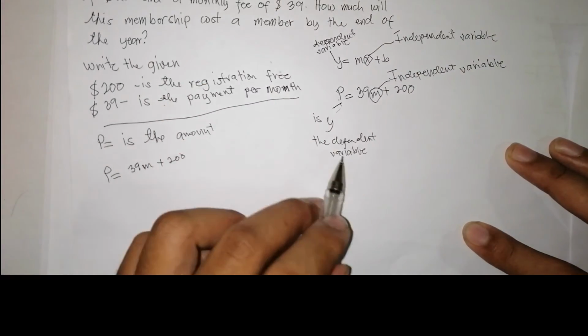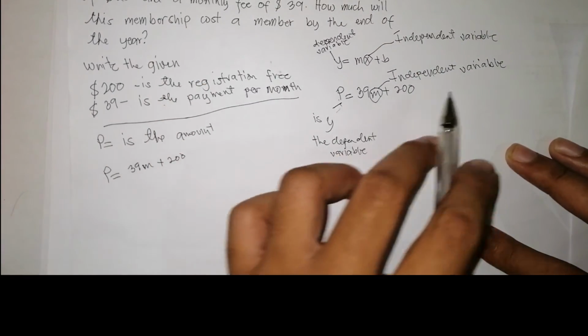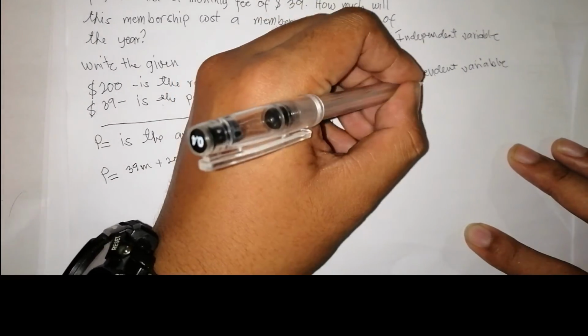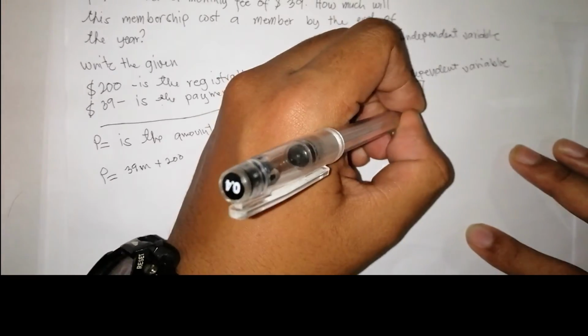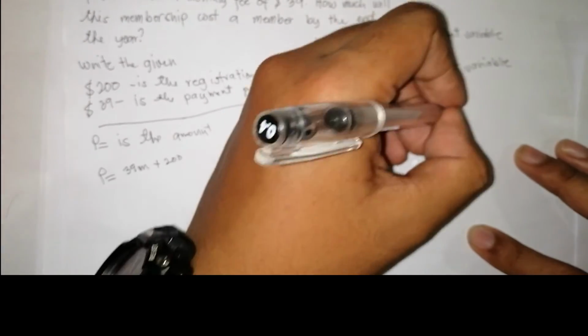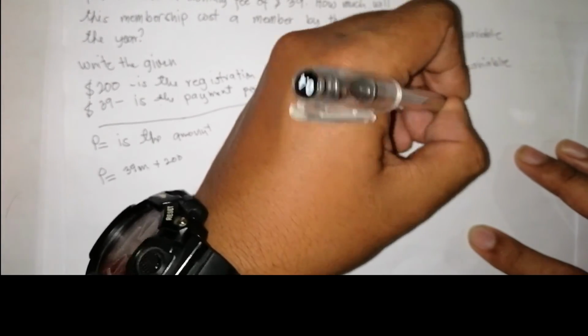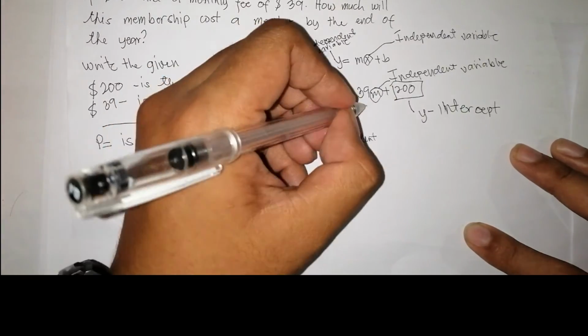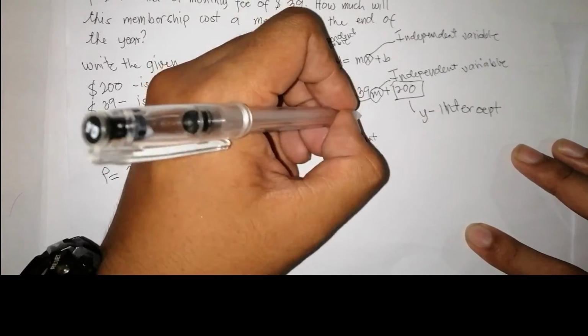So P is the dependent variable, M is the independent variable. Then here, 200 is the y-intercept, and 39 is the slope.